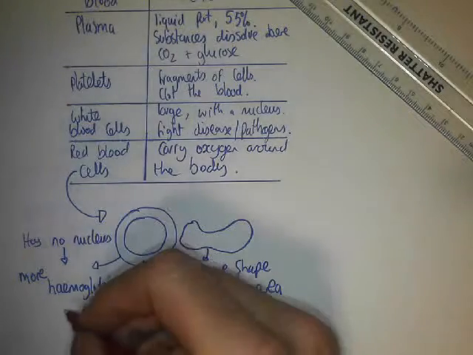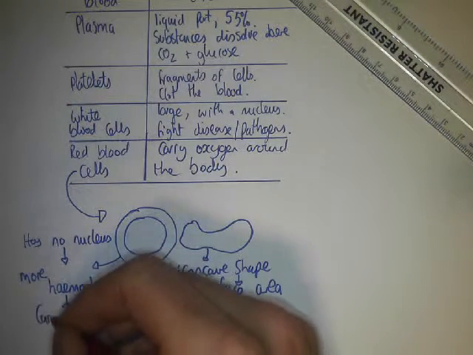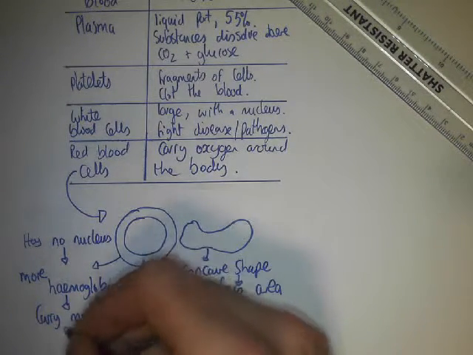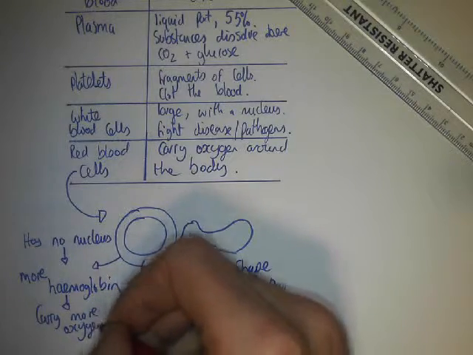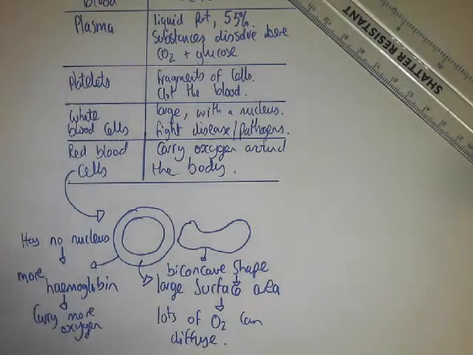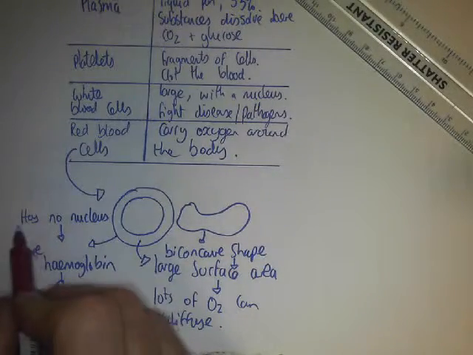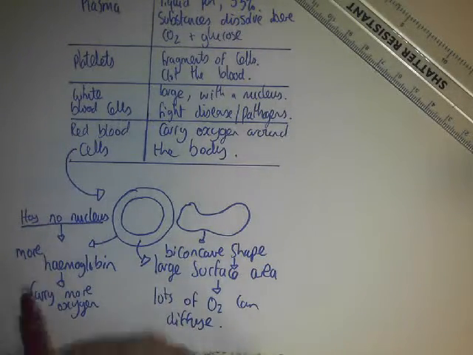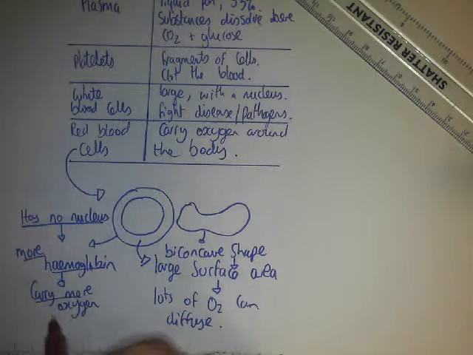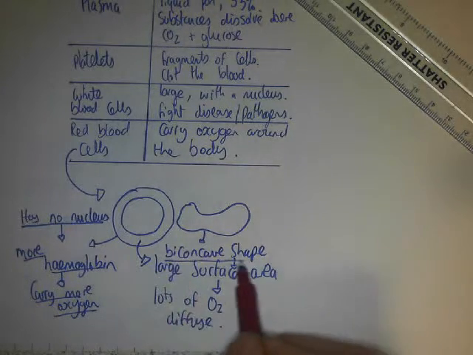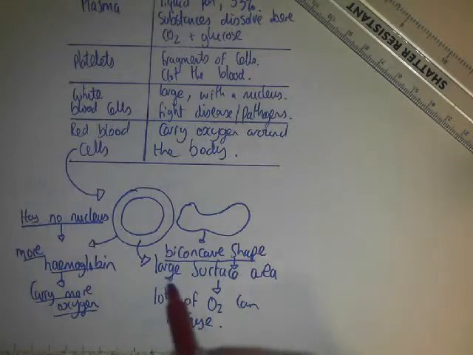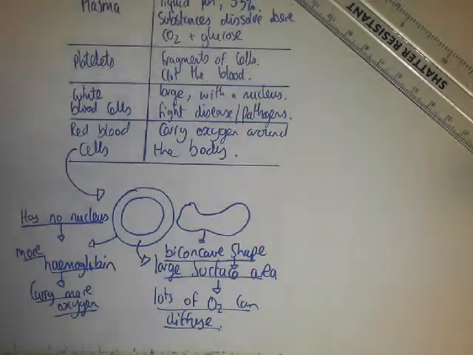So it's got more hemoglobin, it can carry more oxygen. So you can see with both of these examples, both these adaptations I've used so far, I've got what the adaptation is, no nucleus, and how that helps it. What the adaptation is, biconcave shape, how that helps it.